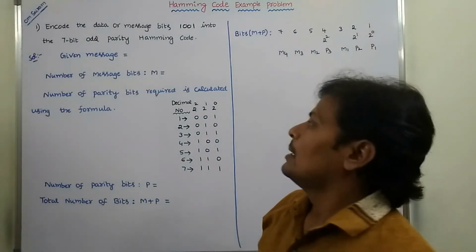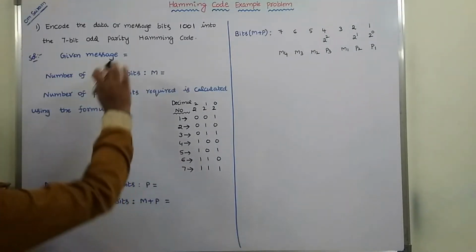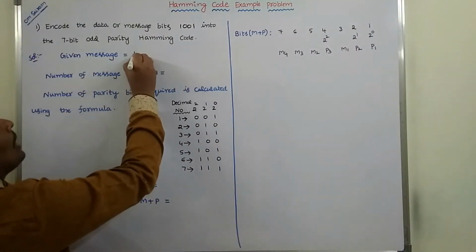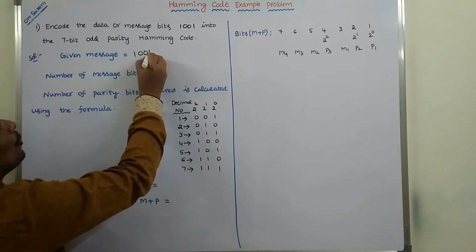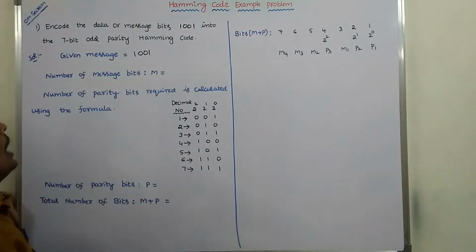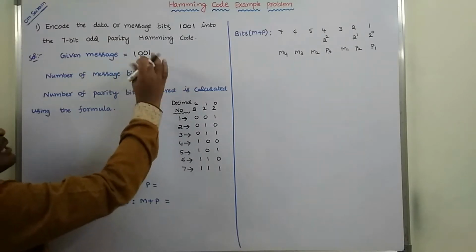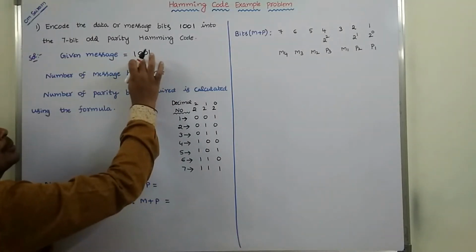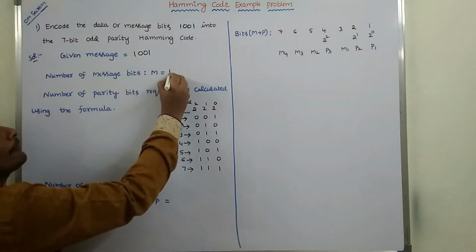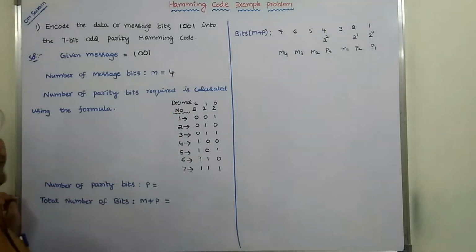Okay, so now the given message is 1001. How many bits are there in the given message? There are 4 bits: 1, 2, 3, 4. So therefore m is equal to 4.